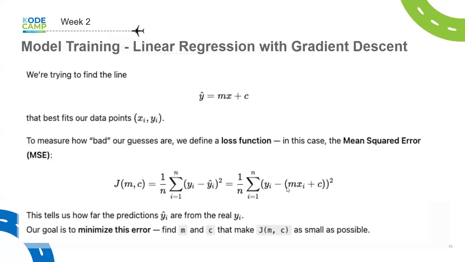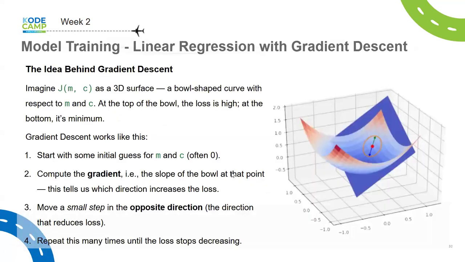This is just an expansion of it: y hat is mx plus c. You sum the square of the errors and divide by the total number of data points, and that gives you the cost. Now, when you get the cost, you want to minimize this error. To minimize this error, you find the gradient.